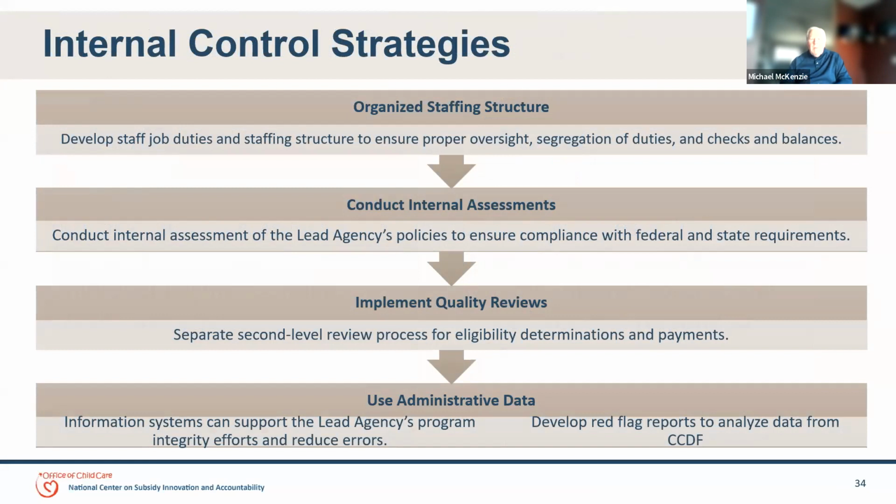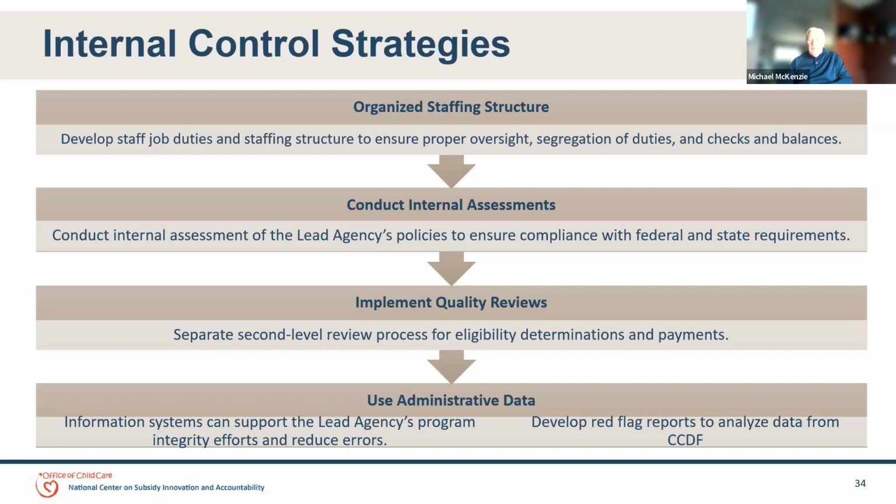So what do we mean by internal control strategies? We're going to touch on a few of these in the next few slides, but in general, it's things like organizing your staffing structure and making sure that job duties are segregated, so not everybody's doing all of one type of task.